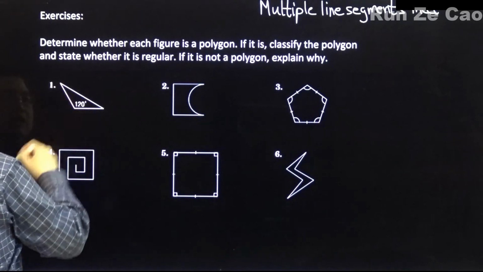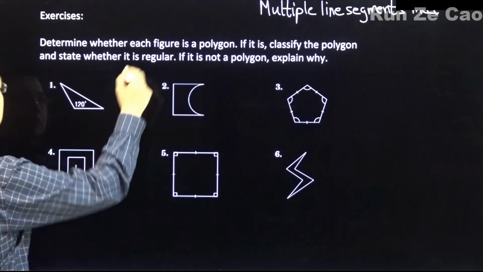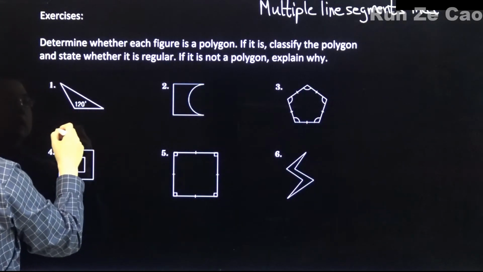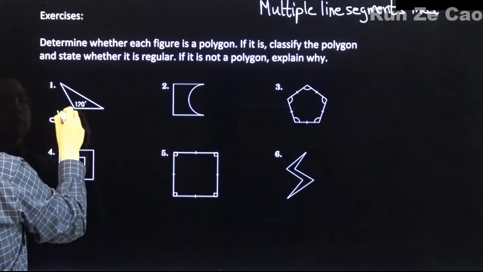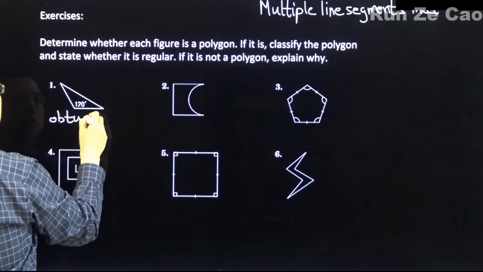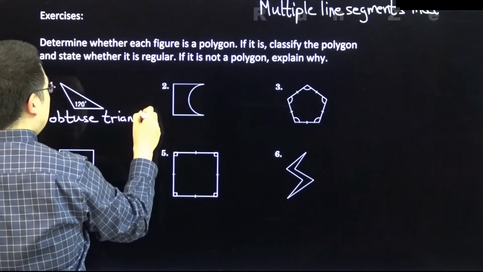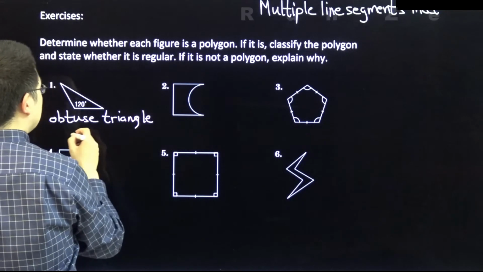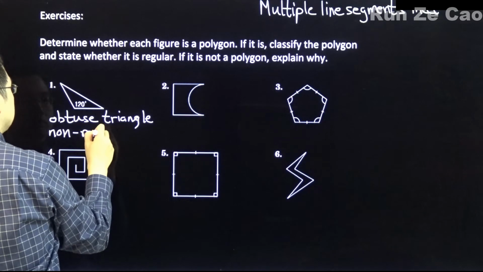When two lines meet within a closed shape, it's called a vertex. So this is a triangle, an obtuse triangle to be specific, and it's non-regular.